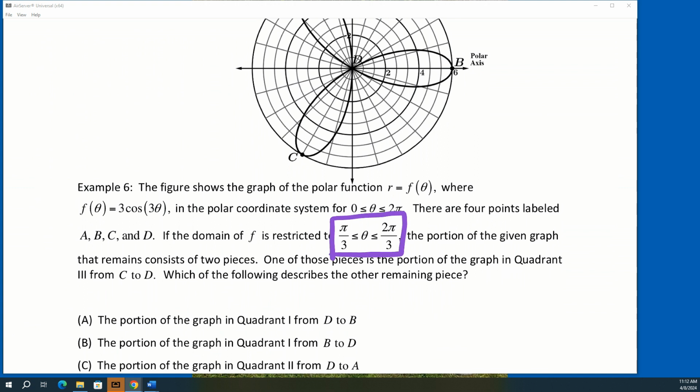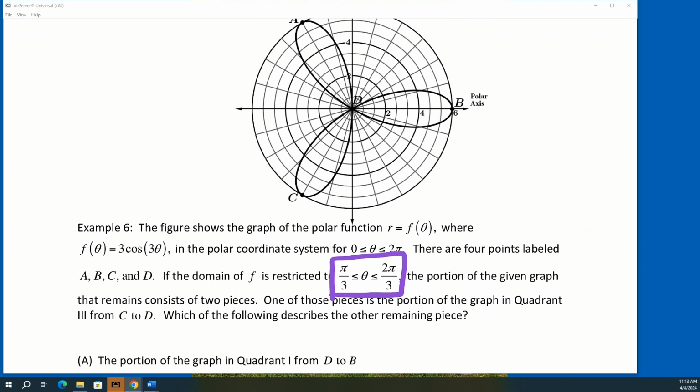The portion of the given graph that remains consists of two pieces. One of those pieces is the portion in quadrant 3 that goes from C to D. So we're either talking about something like that, or we're talking about something like that. We don't necessarily know if it's the first portion or if it's the second portion.